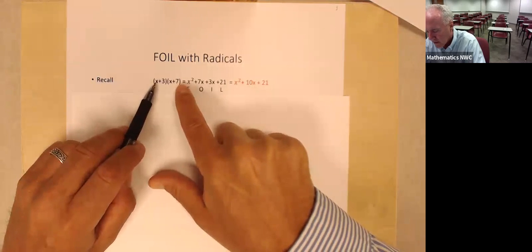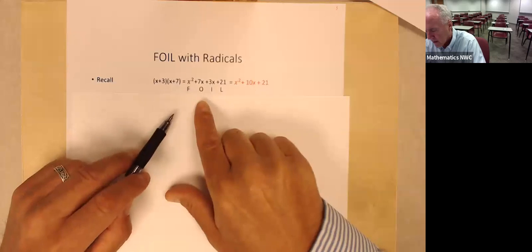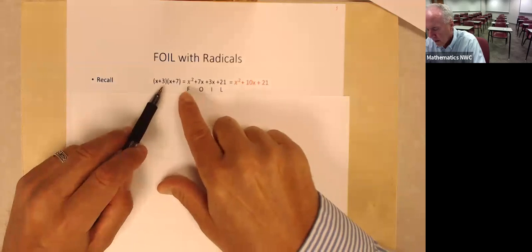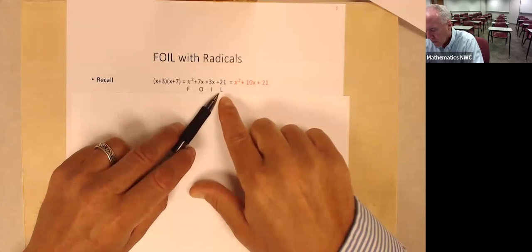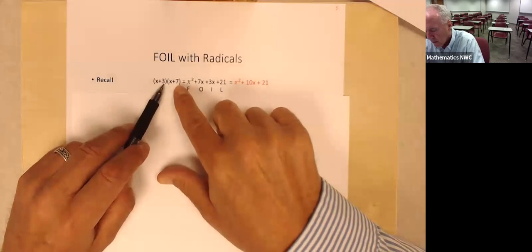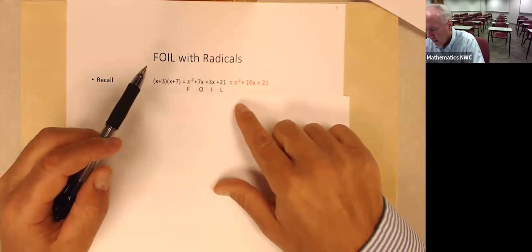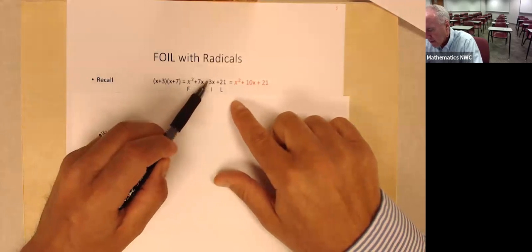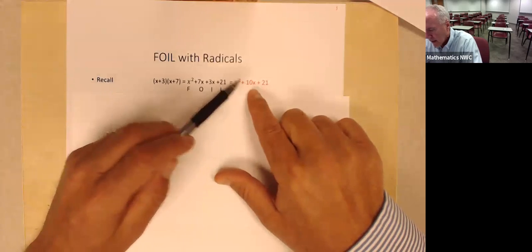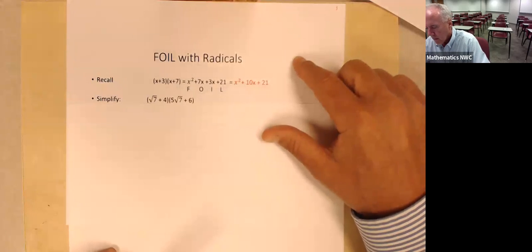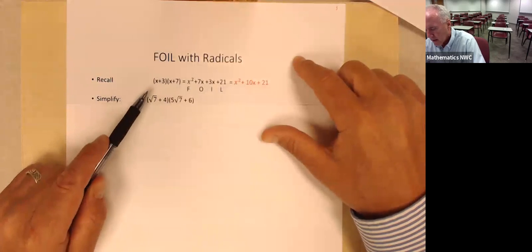Outer terms are x and 7, so I multiply and we get 7x. I stood for inner, so the inside terms are 3 and x. And L stands for the last terms of each binomial. 3 times 7 gives you 21. We were able to add these like terms. Sometimes you can add them, sometimes not, to get 10x. But now you can see, rather than an x, I've got a radical.